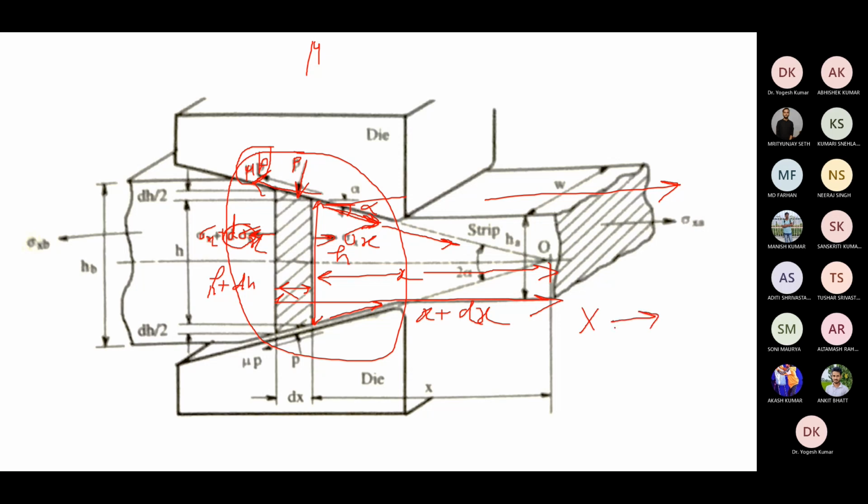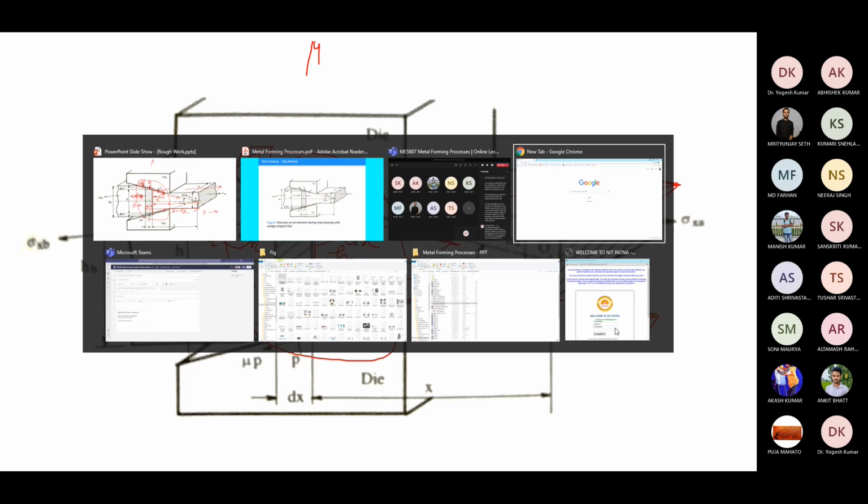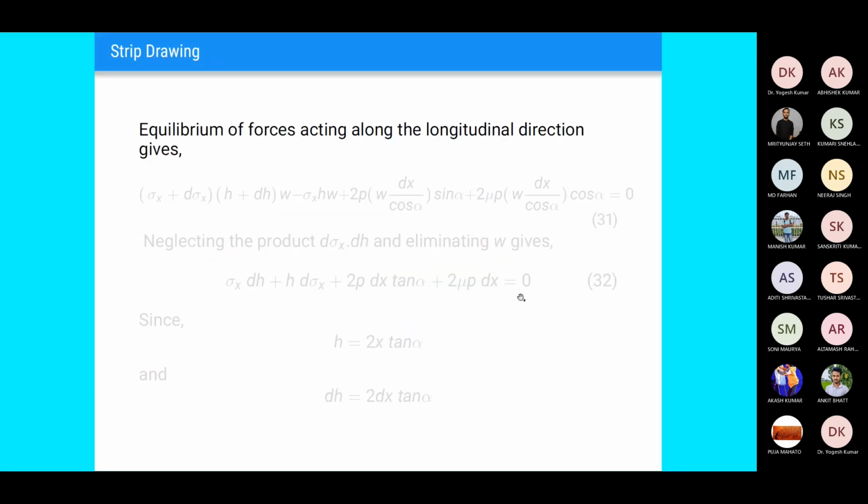If you try to see the equilibrium of forces in x direction, you will come to a long equation something like this: sigma x plus d sigma x into h plus dh into w. Let me elaborate how this term has come.